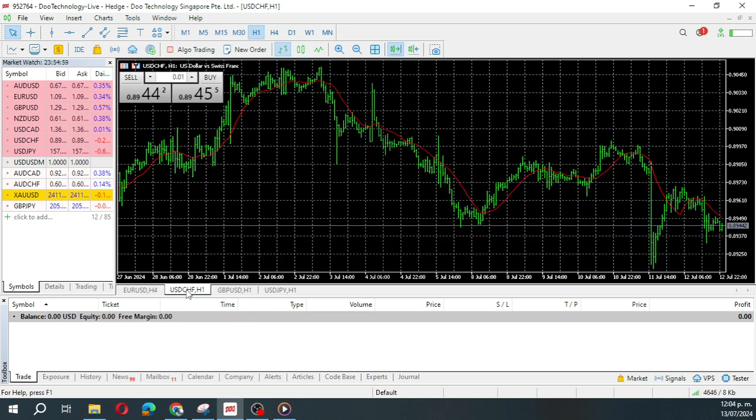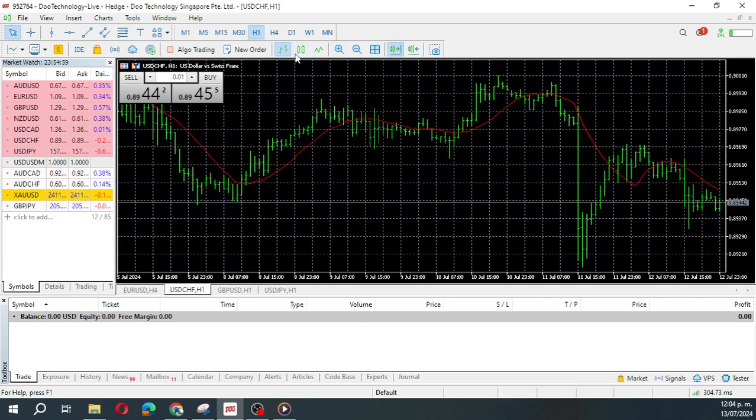So let's move to USD CHF. That is the Swiss franc. So this is okay. We are seeing the candles not as candles, not with this kind of drawing. So I will make it something like this.